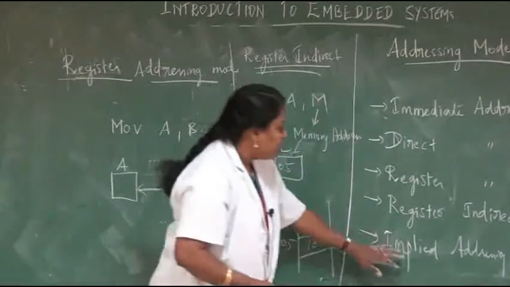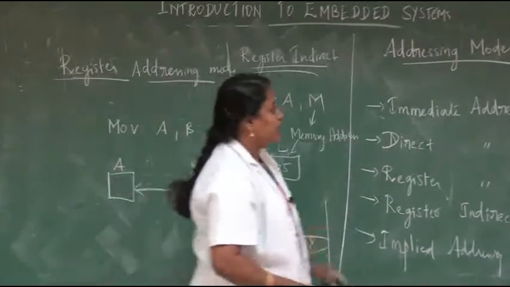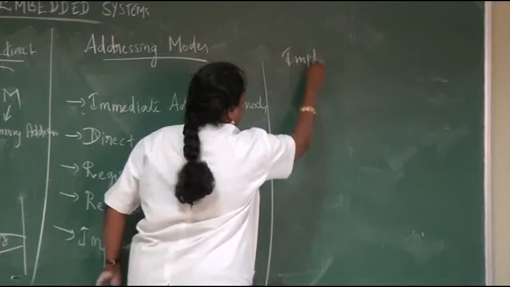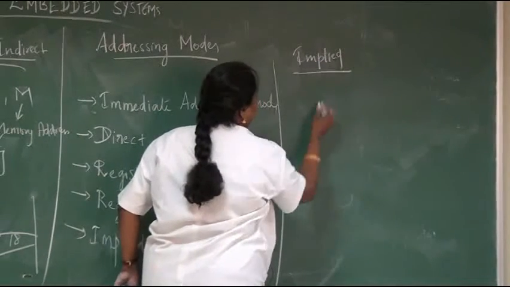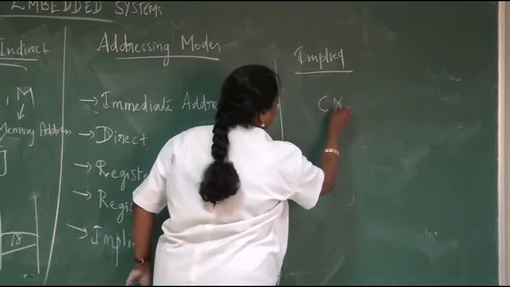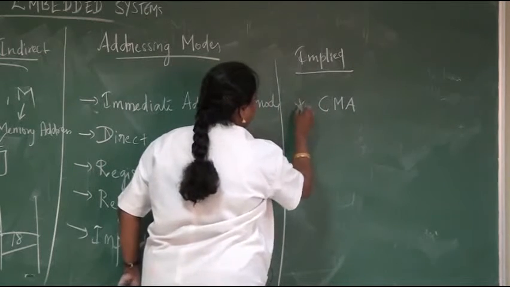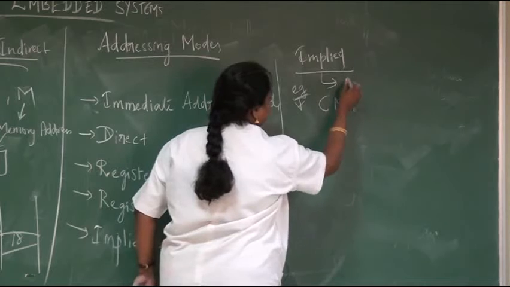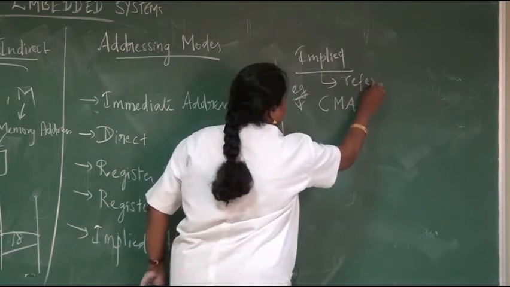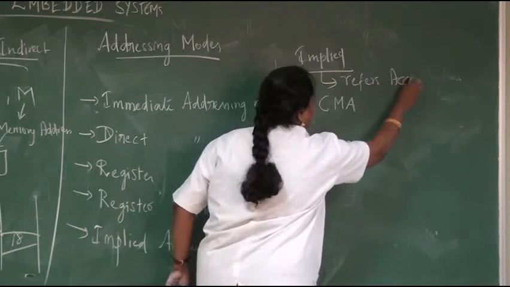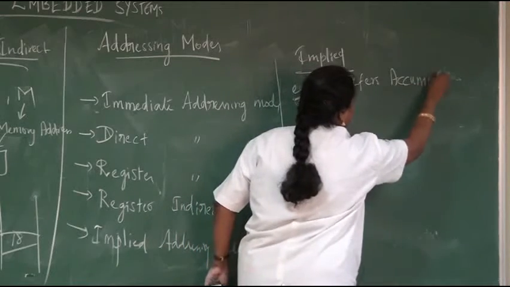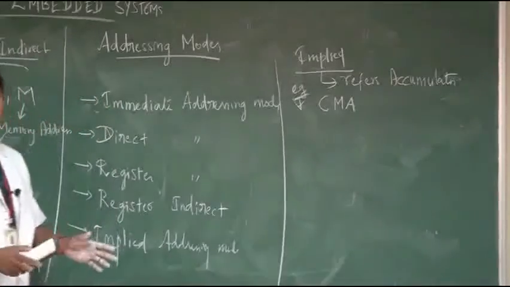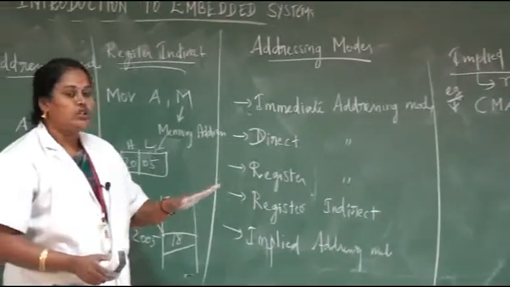The next is implied addressing mode. So what do you mean by implied addressing mode? Implied addressing mode is not going to give the value or data in the instruction or register.